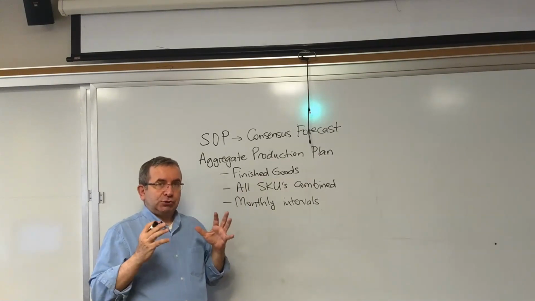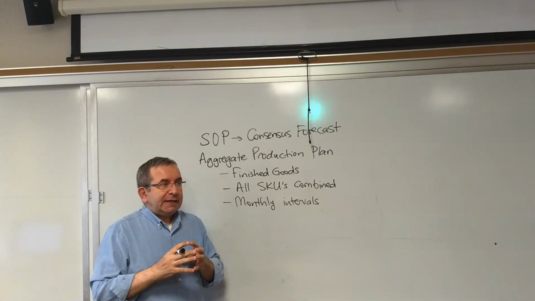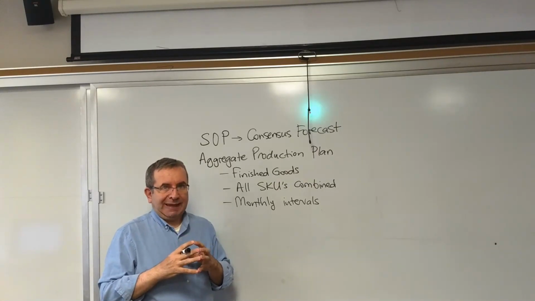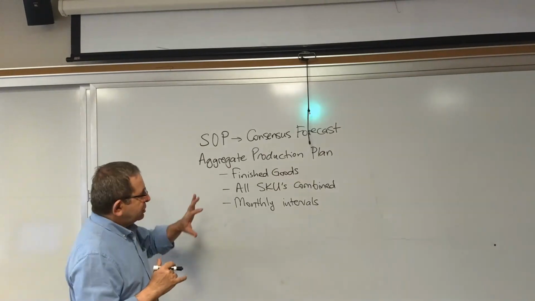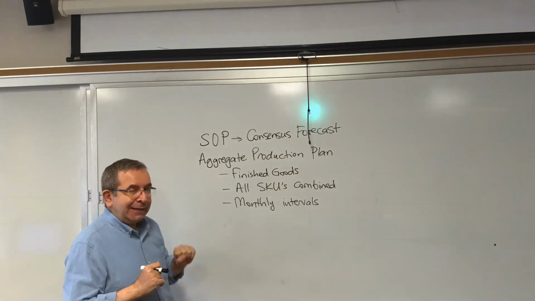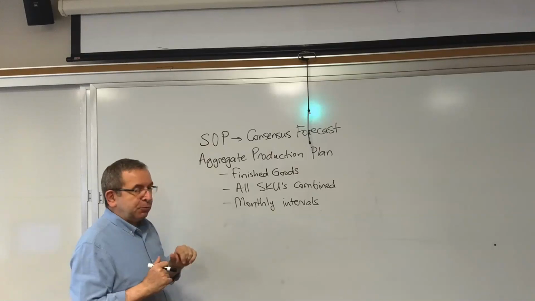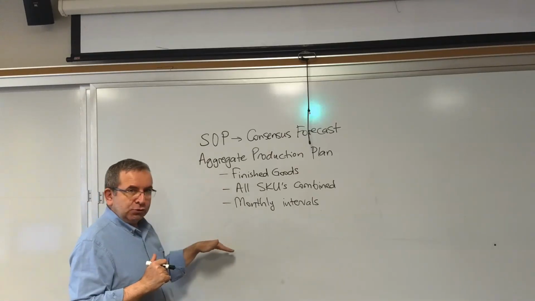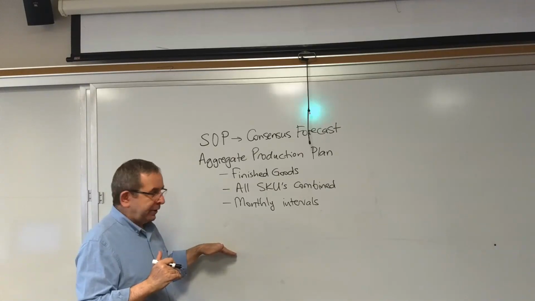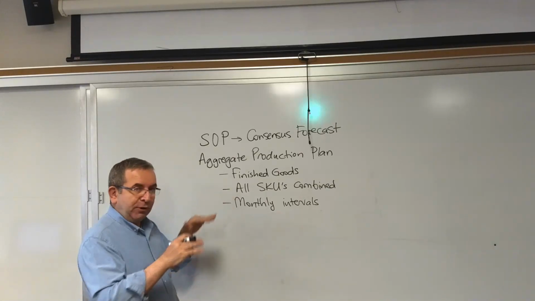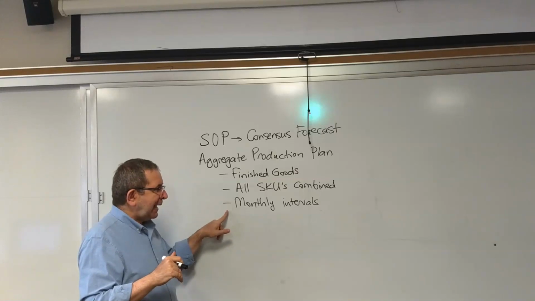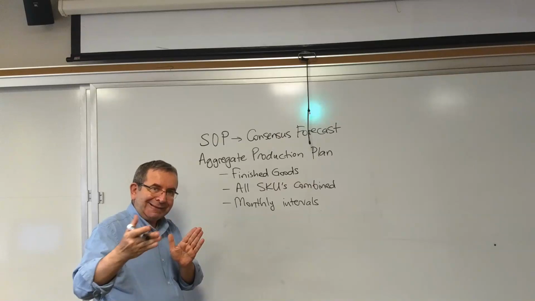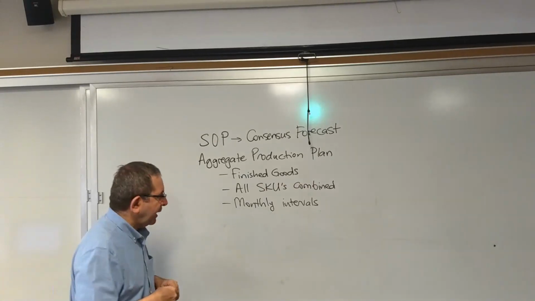So to do that, you need to use material requirements planning. So material requirements planning takes these inputs from the aggregate production plan and turns finished goods into raw materials inventories, breaks down SKUs, and instead of monthly intervals, you look at days and weeks.